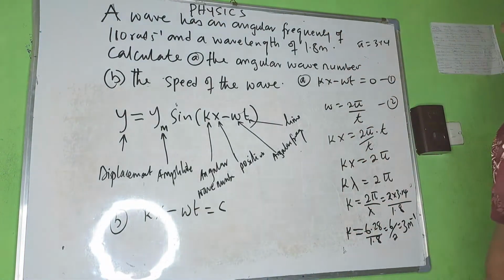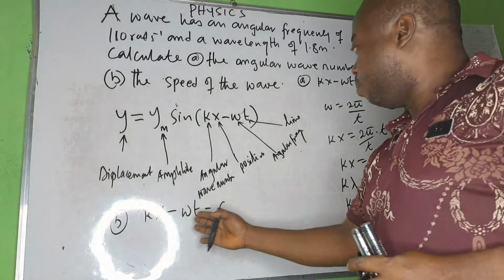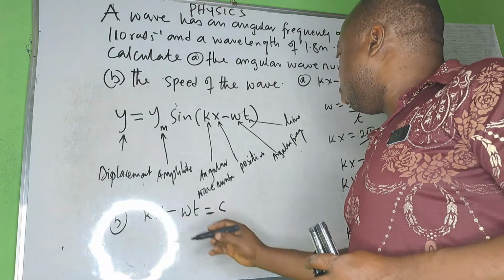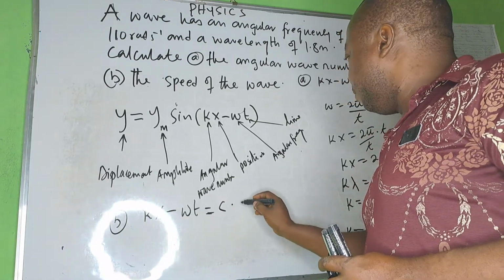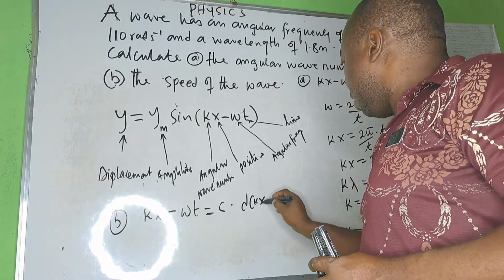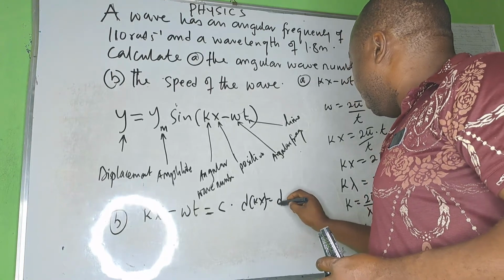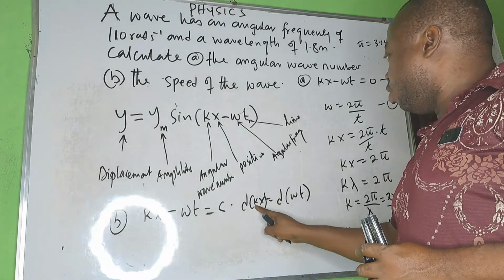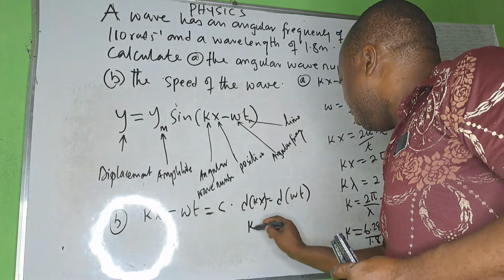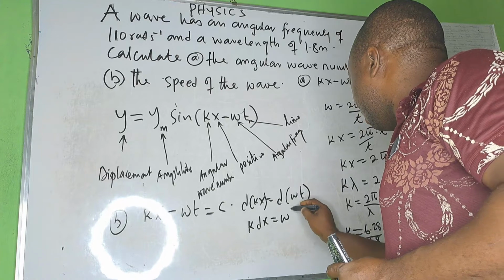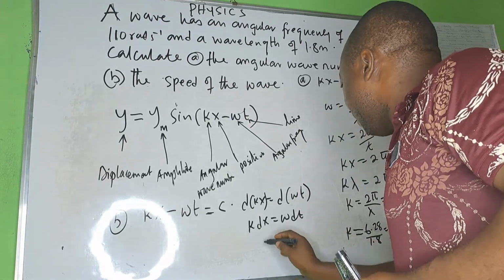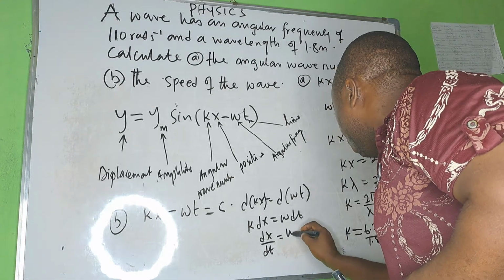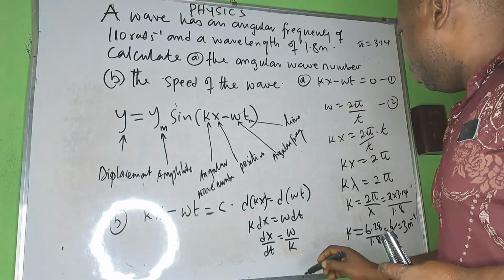If I want the constant to be 0, I differentiate both sides of the equation. Omega is constant, k is constant, so we have k dx equals omega dt. So we have dx/dt equals omega over k. So this is v.